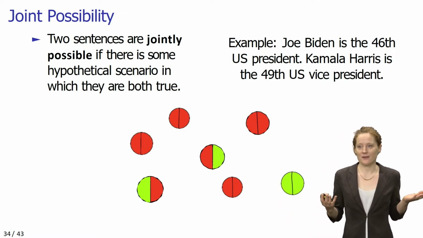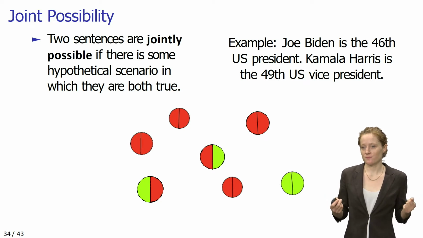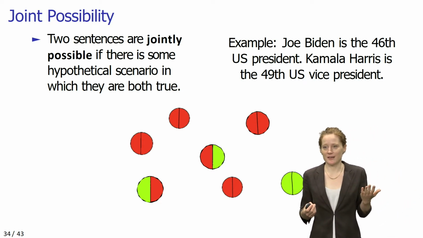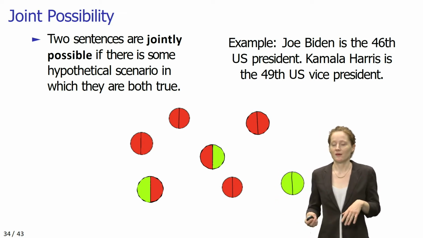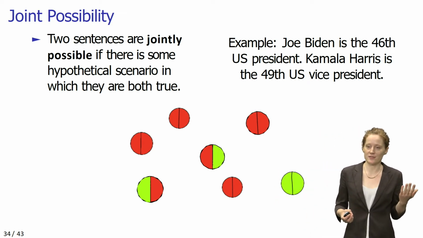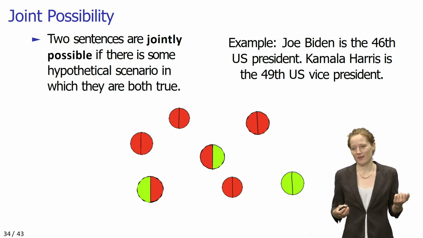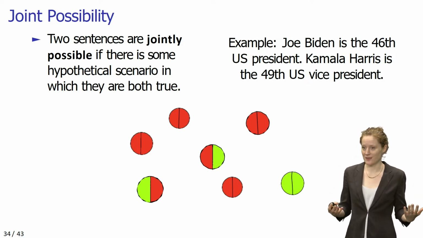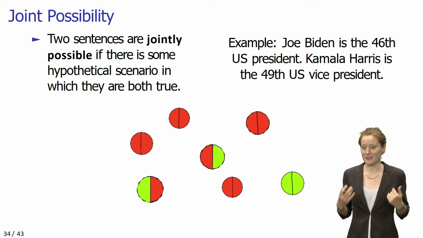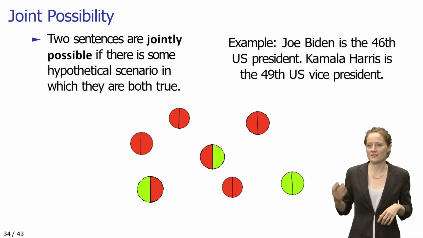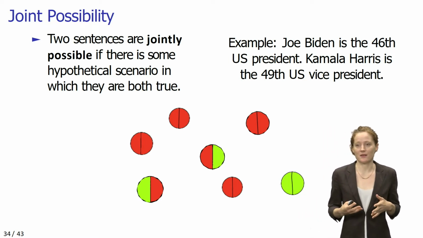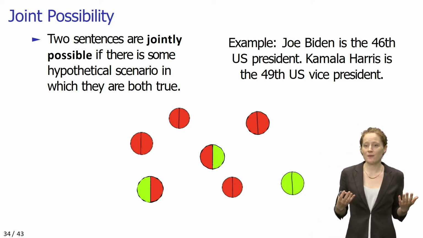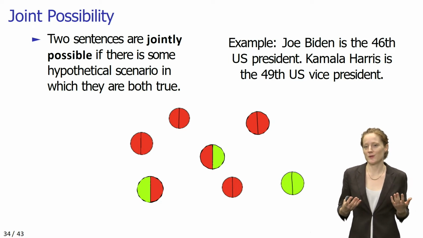It wasn't necessary that Joe Biden won the election. There are some hypothetical scenarios in which only the first sentence is true, but the second is false. And there are some in which only the second sentence is true and the first is false. And then there's also the actual world, the way the world in actual fact is, in which both of these sentences are true. So that means that these two sentences are jointly possible. There's a hypothetical scenario in which they are both true.